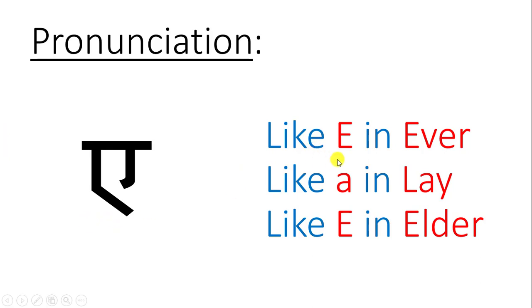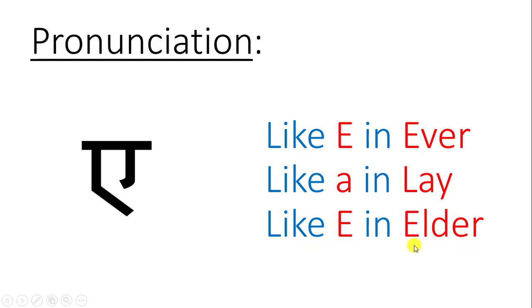Next is e. And it is pronounced like the e in ever. Ever. And like the ay in lay. Lay. All right. And like the e in elder.